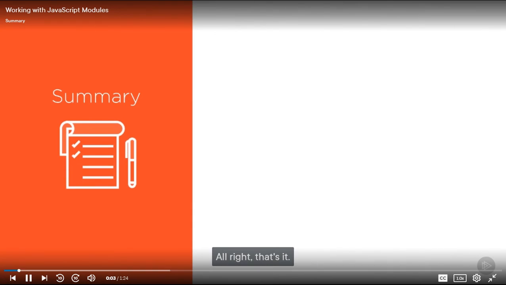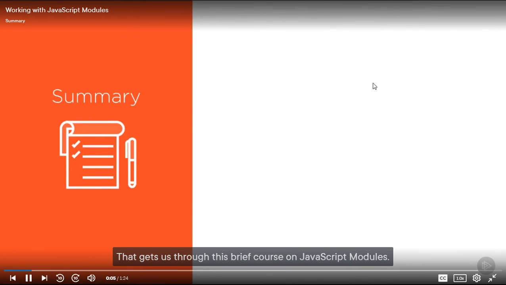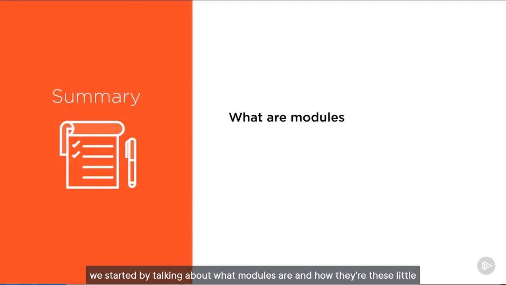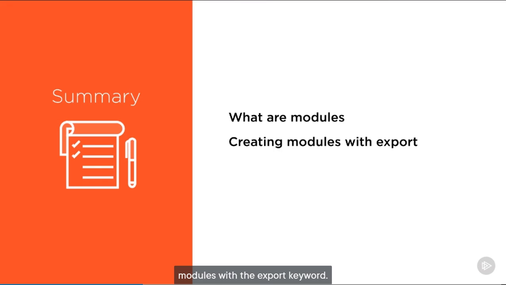All right, that's it. That gets us through this brief course on JavaScript modules. And over the course of this course, we started by talking about what modules are and how they're these little packages of code that we can expose pieces of, but other than that are secure and safe in just being their own bundle. We talked about creating modules with the export keyword.